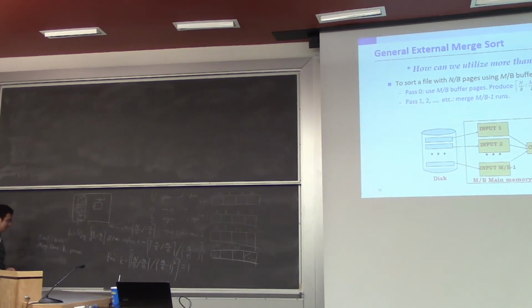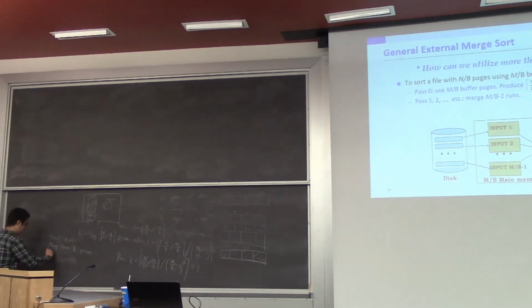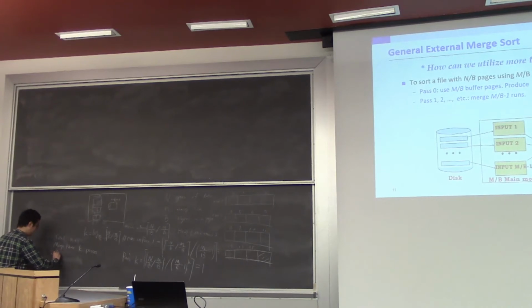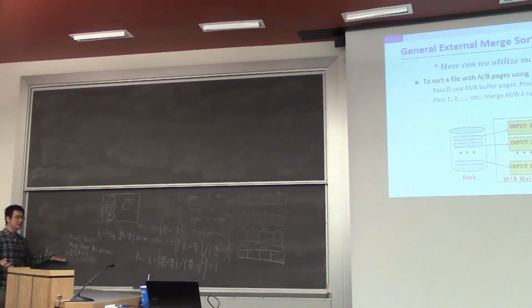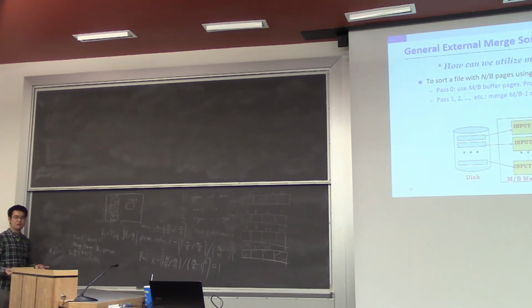So if you want to compute the total number of IOs, that would be 2 n over b times k plus 1. This is the total number of IOs. For each pass, you're reading the whole file once and writing the file once. That's where the 2 comes from, the same as before.